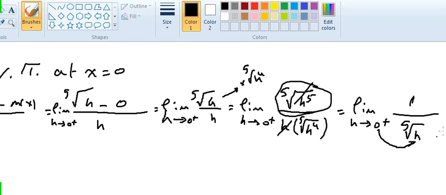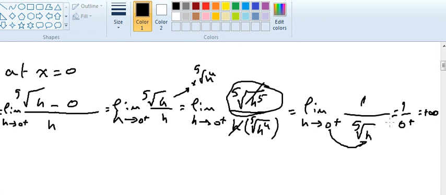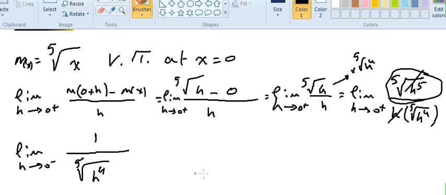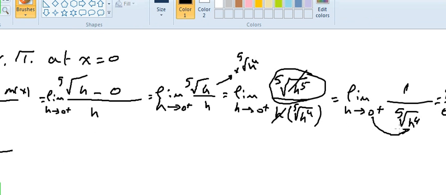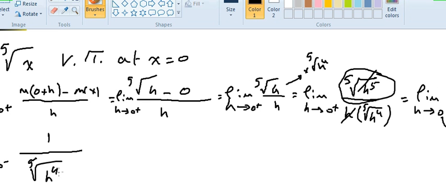Now substitute 0 plus: it's 1 over 0 plus, which means plus infinity. The same holds for the limit as h approaches 0 minus of the same thing, 1 over the fifth root of h to the power 4.